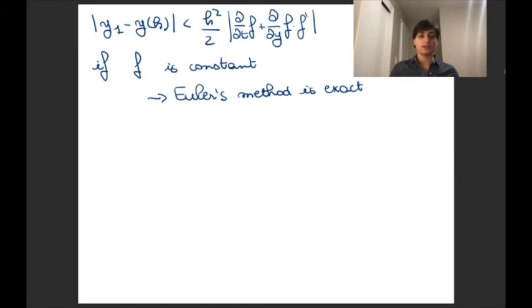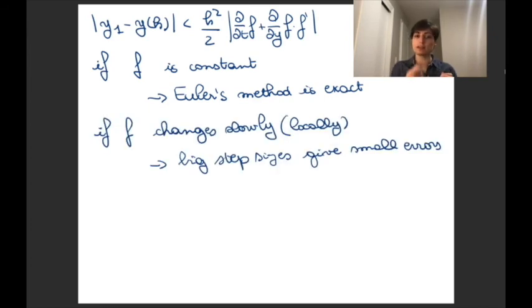So we can consider that we can change the step size depending on how bad that term is. For example, we know that if f is constant, then the Euler method is exact. If f changes very slowly, locally, we don't need to know it generally, but in the neighborhood of where we are, then the two derivatives of f that bound our error are small.